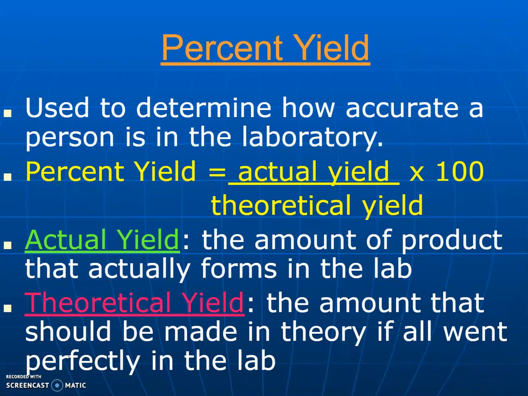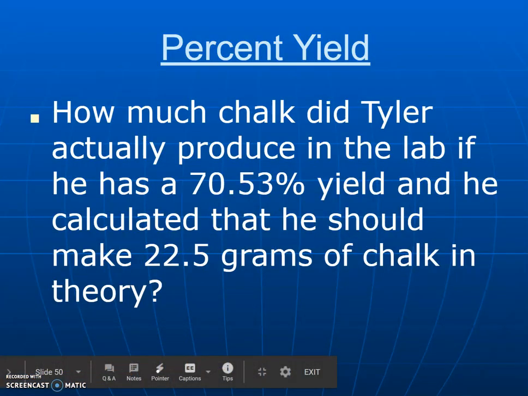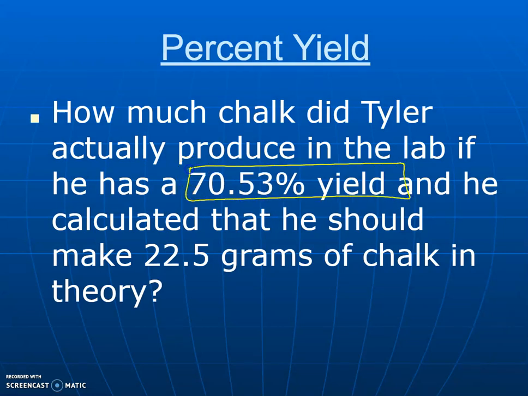Okay, so a percent yield problem would look something like this. How much chalk did Tyler actually produce in the lab, if he has a 70.53% yield and he calculated that he should have made 22.5 grams of chalk in theory?